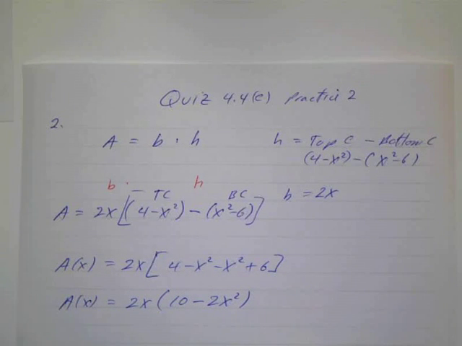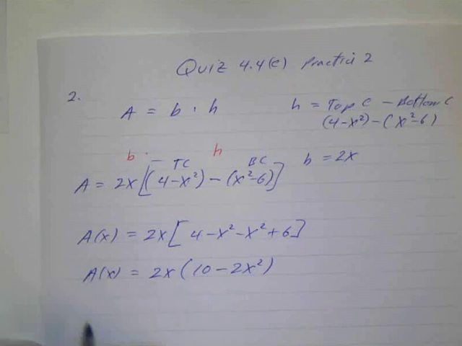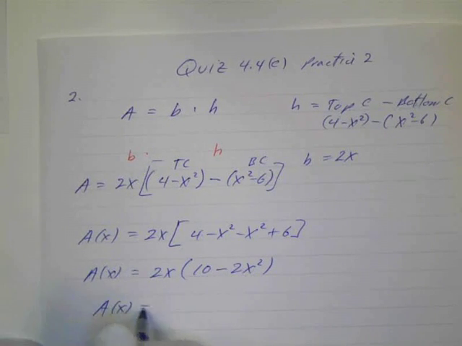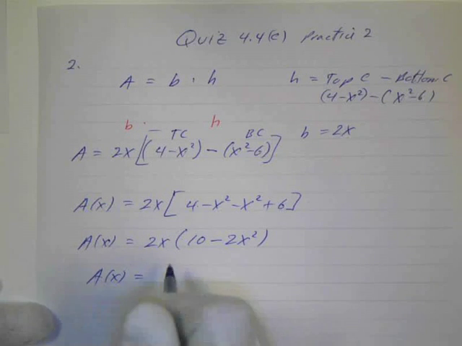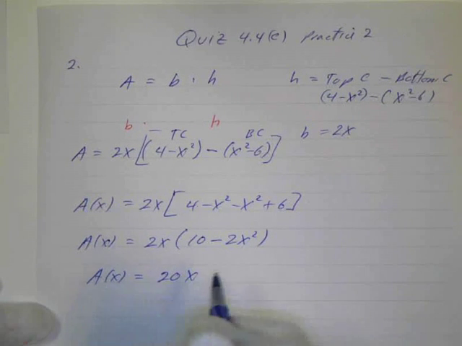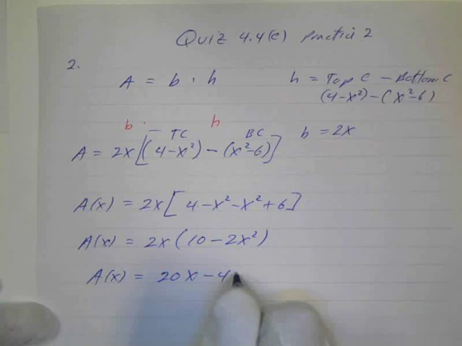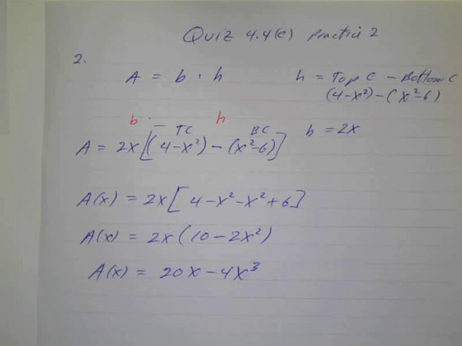And then I can multiply this out. So my area as a function of x equals 20x minus 4x cubed. And that's what I want to take the derivative of.